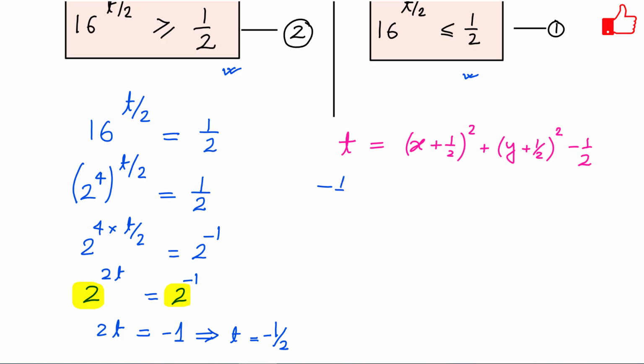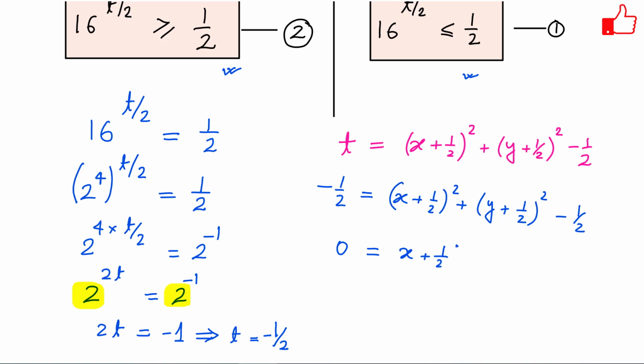So minus 1 by 2 is equal to x plus 1 by 2 whole square plus y plus 1 by 2 whole square minus 1 by 2. If you add 1 by 2 on both sides, the left side becomes 0, and the right side is simply x plus 1 by 2 whole square plus y plus 1 by 2 whole square.